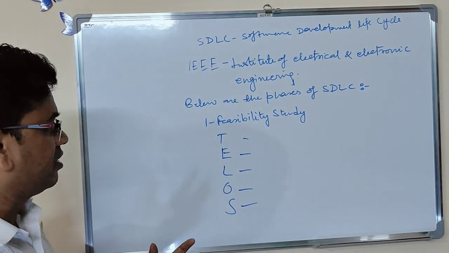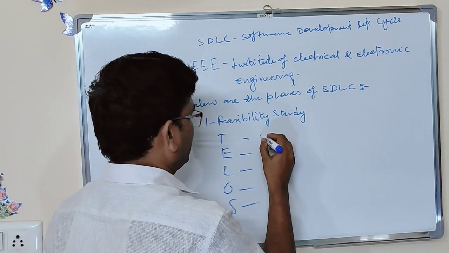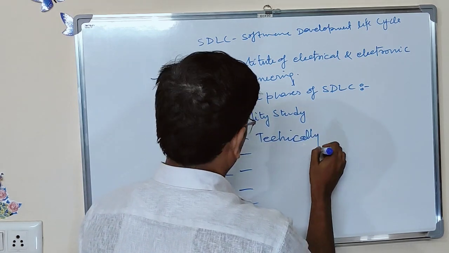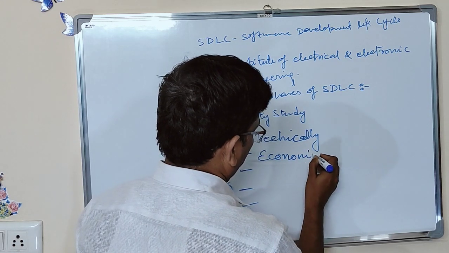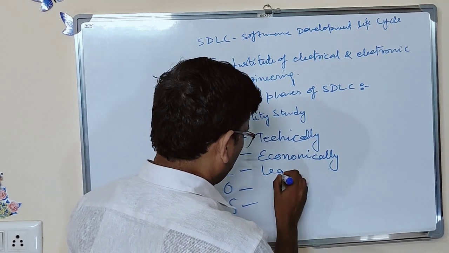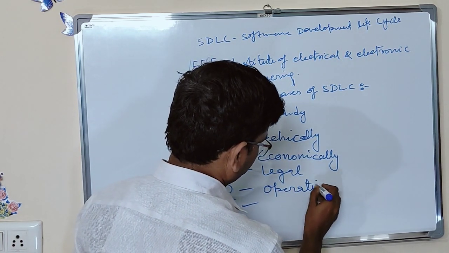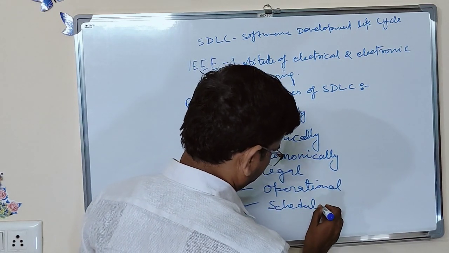So let's understand the meaning of the different alphabets. T stands for technically, E stands for economically, L stands for legal, O stands for operational, S stands for schedule. Okay.